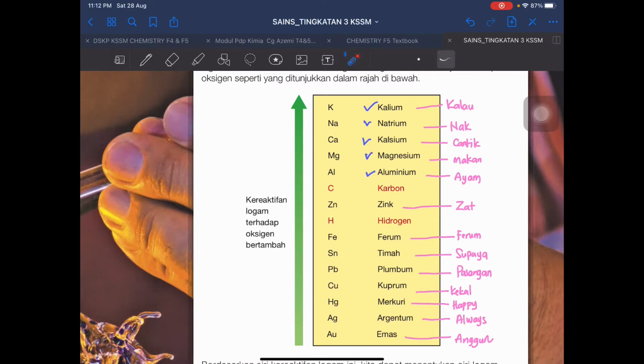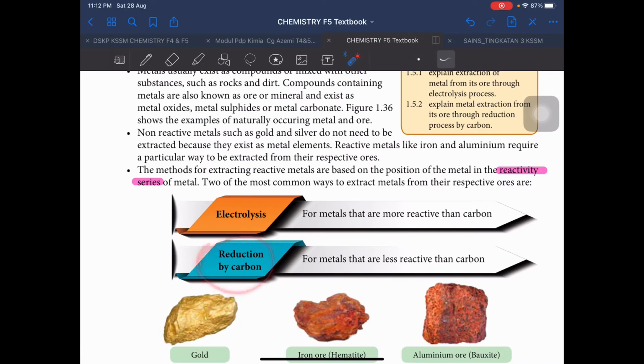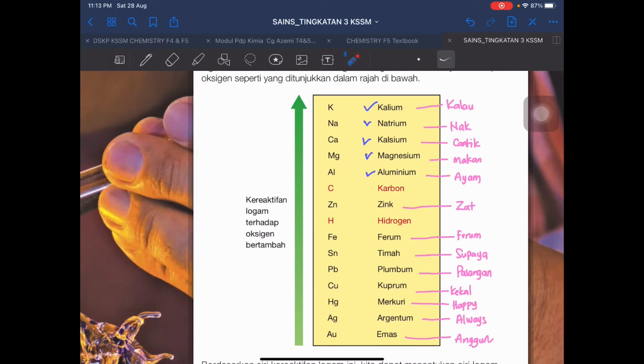And another thing is reduction by carbon. This is a way, or cara, that we use to extract metals from its ore because they are less reactive than carbon. Why less reactive? Because dia di bawah, see the carbon ba?